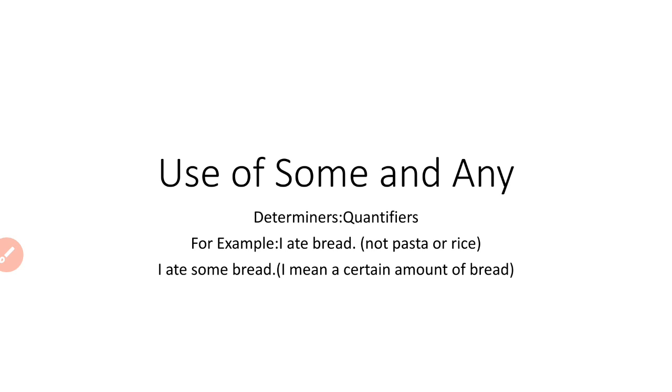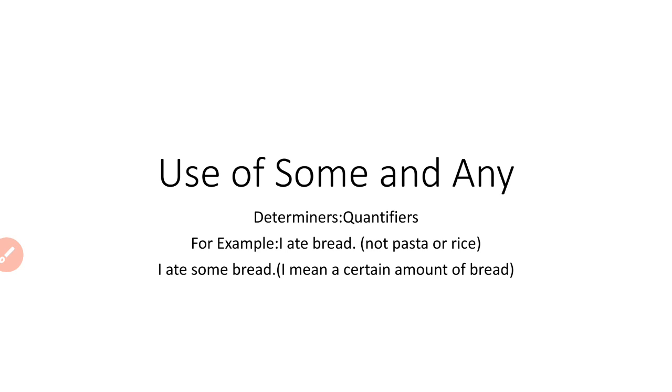But if I use the determiner some before the noun bread, the sentence becomes, I ate some bread. This means a certain amount of bread. Some means a certain amount of. So the noun bread is determined, it's fixed.